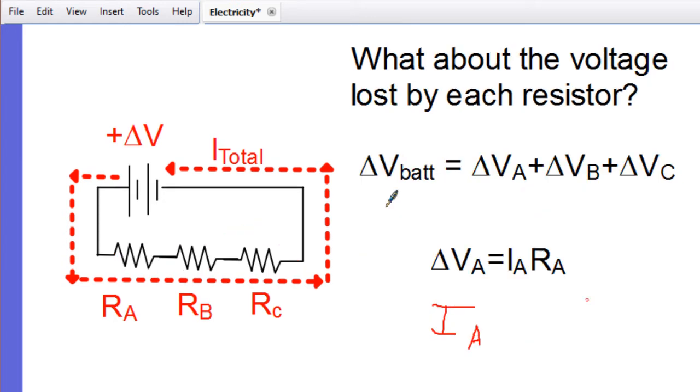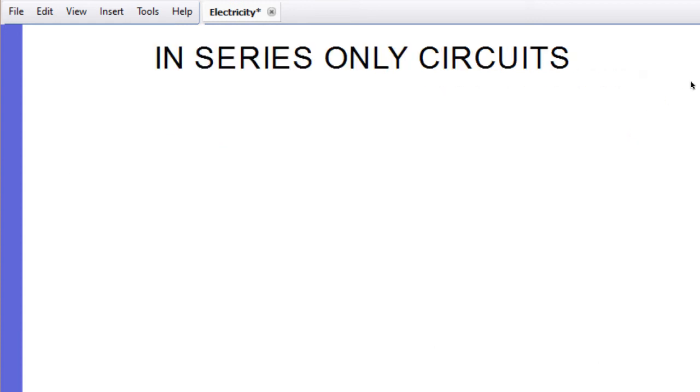It's all of it. So if I can somehow solve for the total current and multiply it by the resistance of resistor A, I can find the voltage lost by A. Alright, pretty simple.